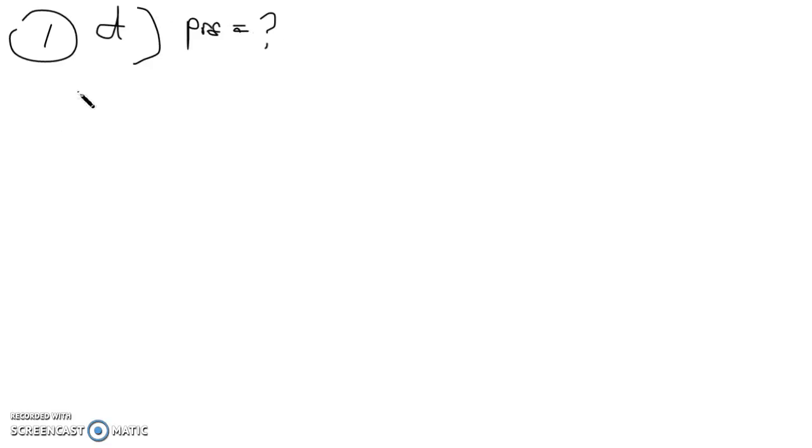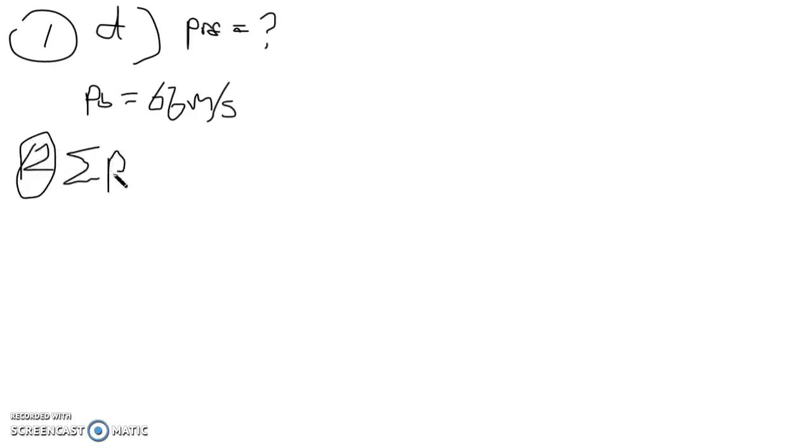Our data: the momentum of the bullet is 66 kilogram meters per second, and the sum of the momentums is 0. So PR plus PB equals 0, so PR equals negative PB. Well, hey, we have PB.